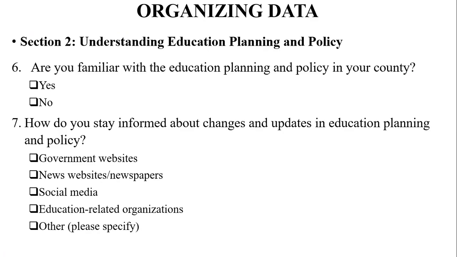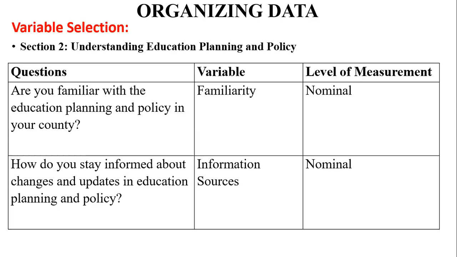The second section of the questionnaire was understanding education planning and policy from the respondents. Respondents here were asked if they are familiar, and they were to respond yes or no. And the information sources where they get the information, either from government websites, news websites, social media, education data organizations, and others.